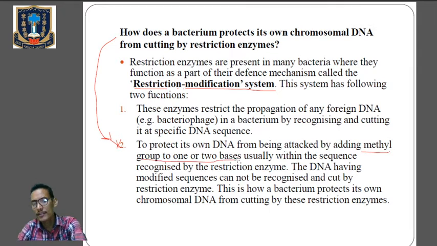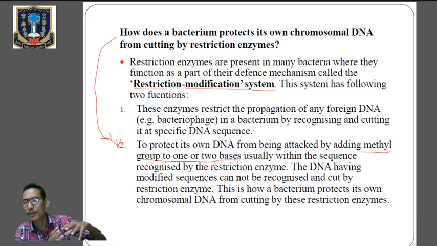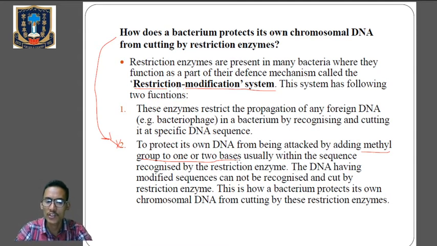That means these enzymes recognize the palindromic sequences, so the system adds the methyl group to one or two bases so that it will not be recognized by the restriction enzymes.